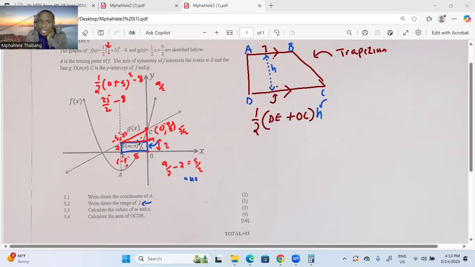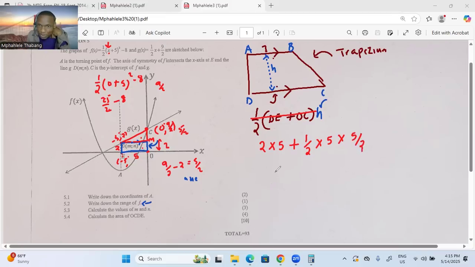Now the area will be like this. The area of this trapezium OCDE is made up of a rectangle, which is 2 times 5, plus the area of a right angle triangle, which is a half times base times height. My base is 5 and my height is 5 over 2.